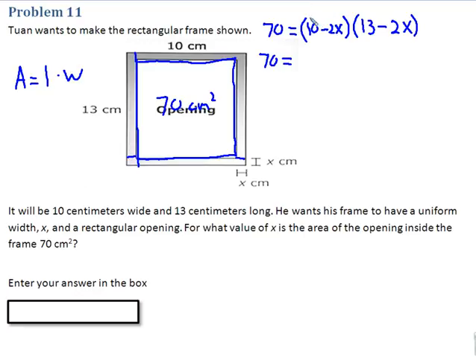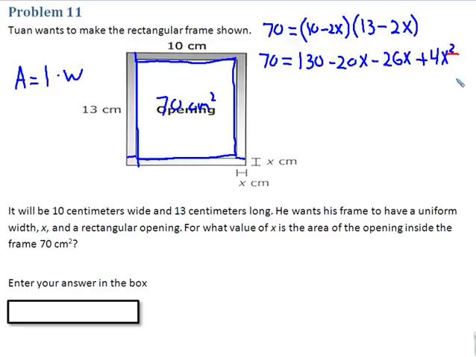We can distribute across these parentheses by FOILing. 10 times 13 is going to give me 130. 10 times negative 2x for my outer will be negative 20x. Negative 2x times 13 for my inner will give me a negative 26x. And negative 2x times negative 2x will give me a plus 4x squared.